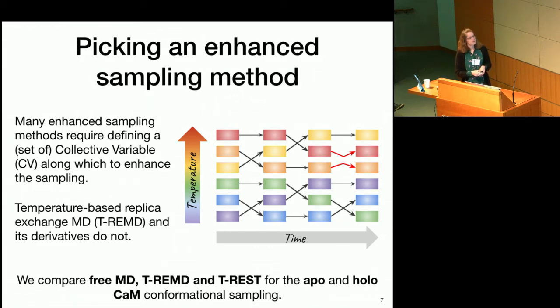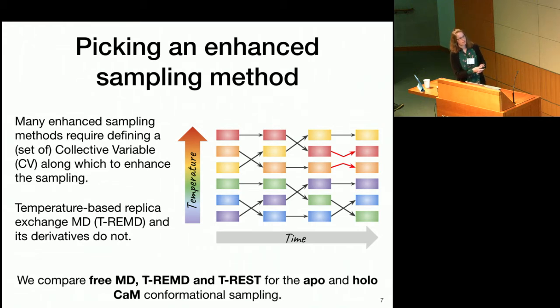So we've been interested in using these temperature-based replica exchange sampling schemes. Basically the idea here is that you run multiple simulations in parallel, that you start at different temperatures, and then you attempt exchanges between the different temperatures, and you accept those with a Metropolis criterion or reject them.